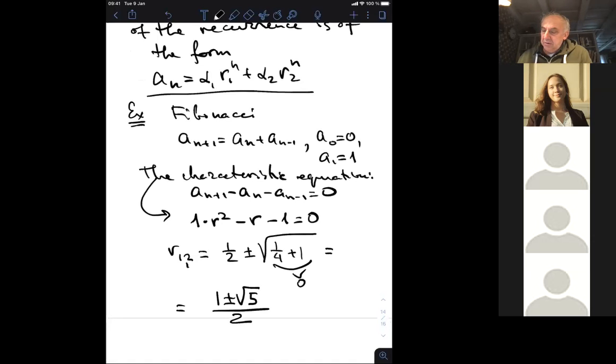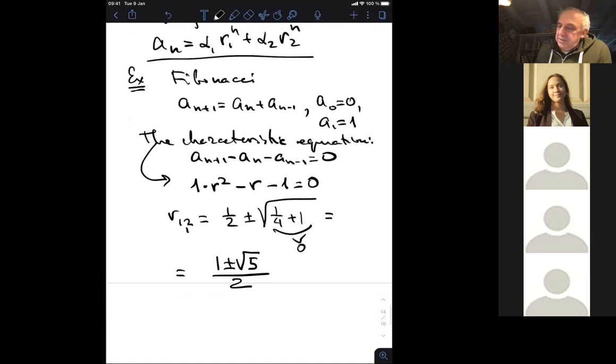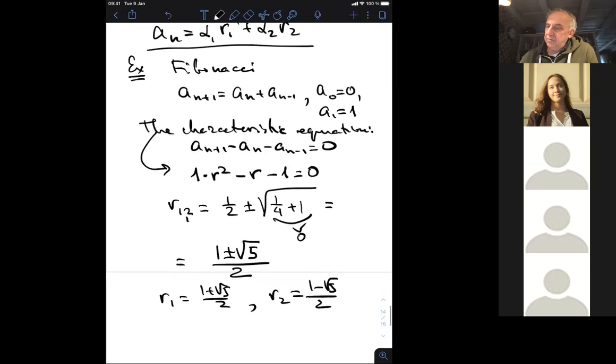This is exactly the golden ratio thing. If you don't know this, it would probably be nice to check what the golden ratio is. Okay, so we have r1 equals 1 plus the square root of 5 over 2, and r2 is 1 minus the square root of 5 over 2. We also have those initial conditions, and we want to write down our entries in terms of alpha 1 r1 power n plus alpha 2 r2 power n.